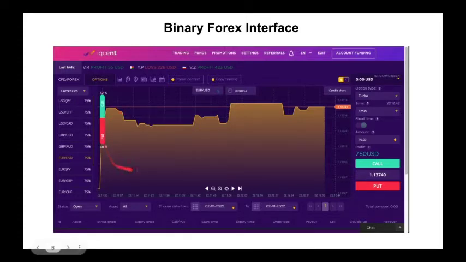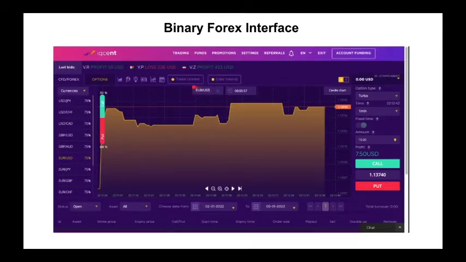Now, the middle of the screen is where we have our chart. This is where you can look at how the market or the price has been reacting for a while. Okay, now the orange line you see here has to do with the current exchange rate or the current price of the particular pair that you have selected.